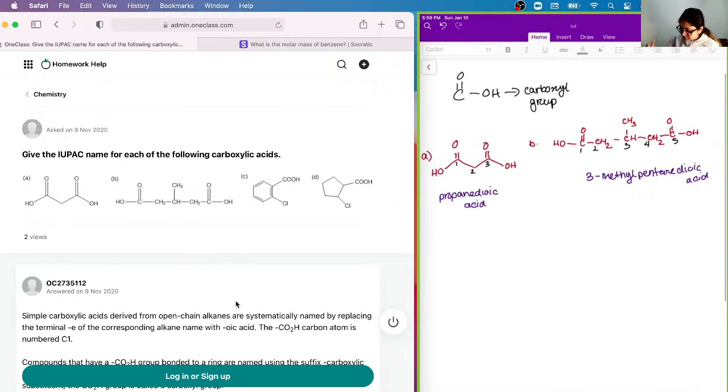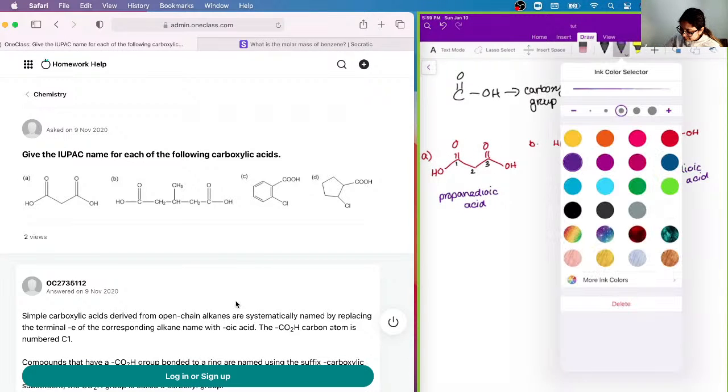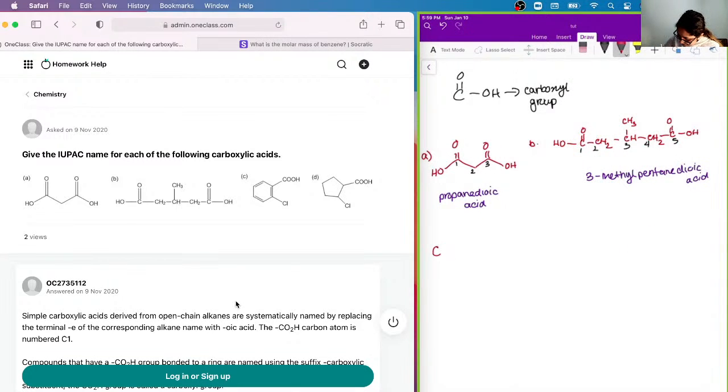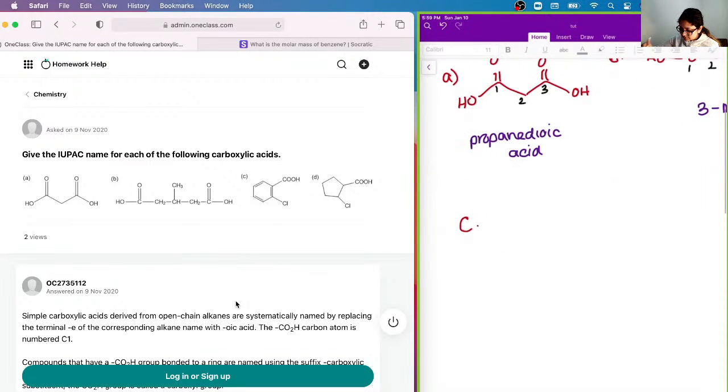And now let's do C, which is this molecule, with COOH.